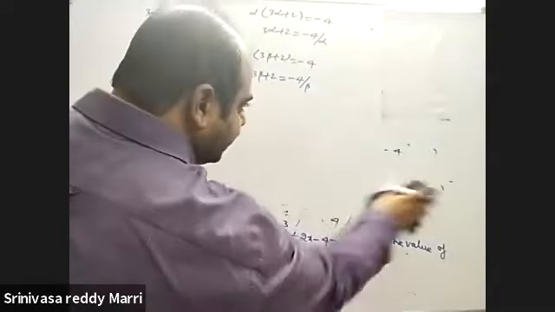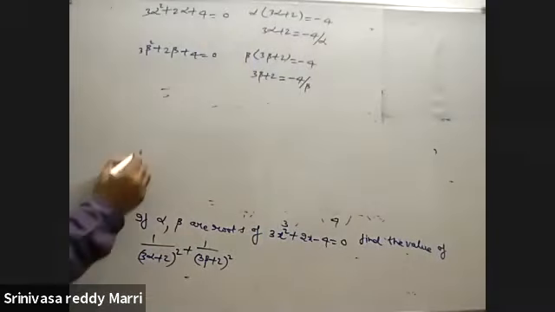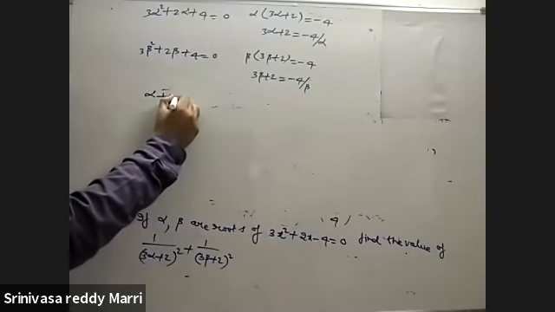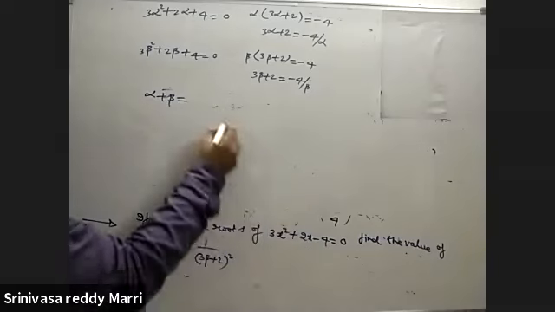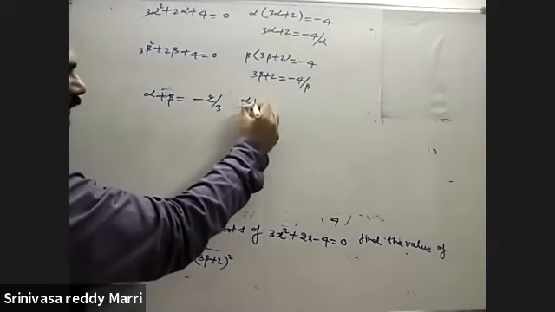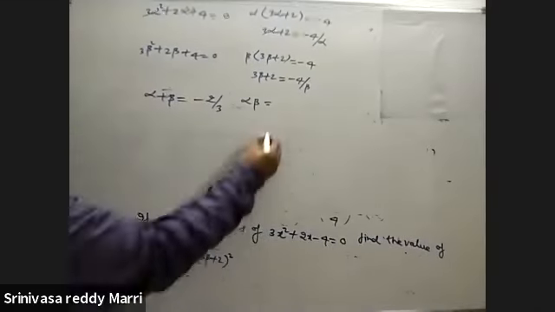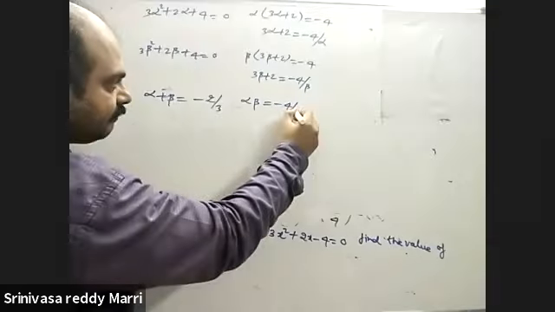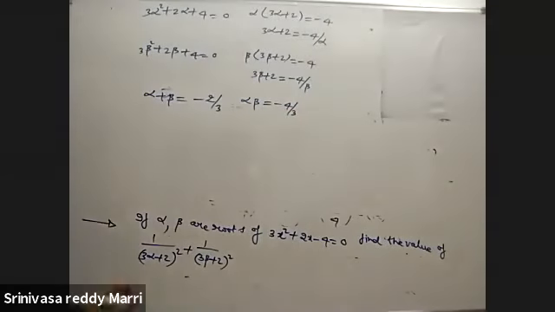Now what are the relations between the roots for the given equation? Alpha plus beta is minus b by a, that is minus 2 by 3. Alpha beta is c divided by a, minus 4 by 3. These are the relations.